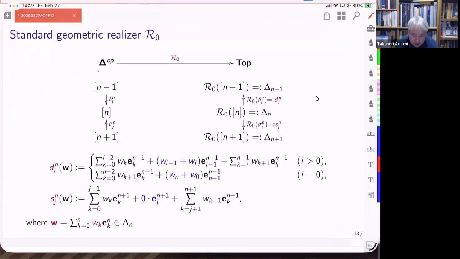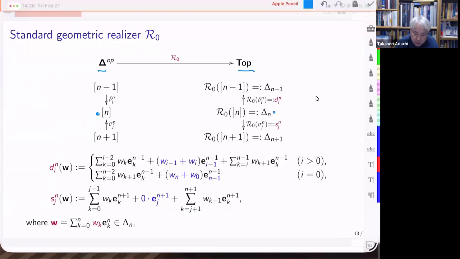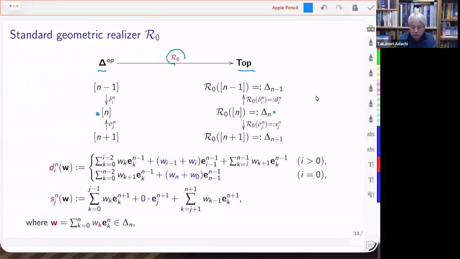Now, we have this simplex category and the topological space. There is a correspondence we specify, which is n bracket to delta n, but we want this correspondence to be a functor, and the resulting functor is R0. In order to do that, we need to define the arrow part. We defined the object correspondence, but have not yet specified the arrow part.